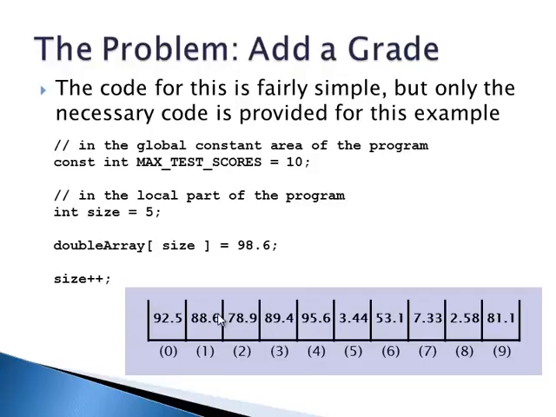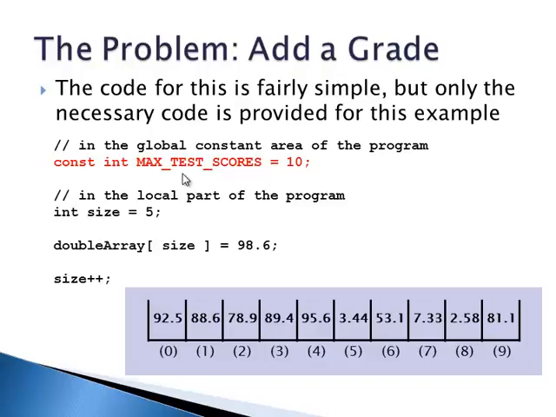Now, key point, this is very, very important. When we get started on this, before the program even runs, we will have the max test scores set at 10. So there are 10 items available to be stored in. This is a capacity, but not what we call a size. The size is different.